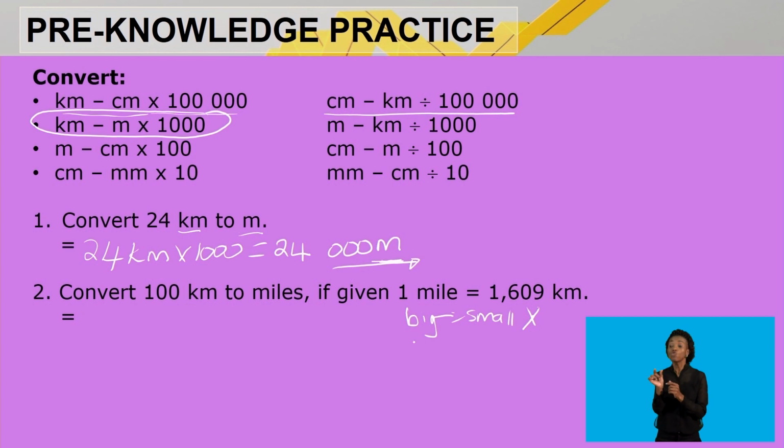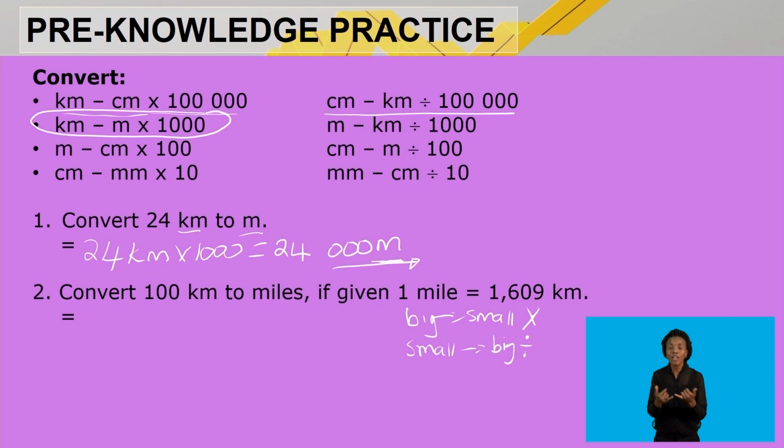Then when you are moving from a smaller unit or scale, you are going to divide. So that is what you need to keep in mind. But then I will also show you how to know when to multiply and when to divide.